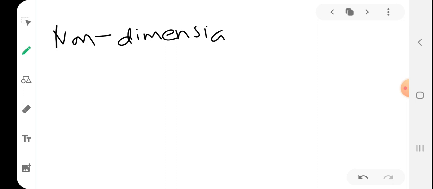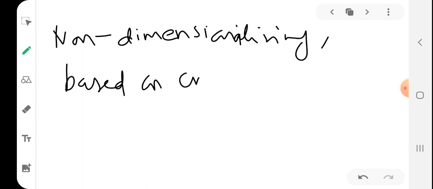Non-dimensionalizing means putting such an equation into a ratio form, based on the critical section.